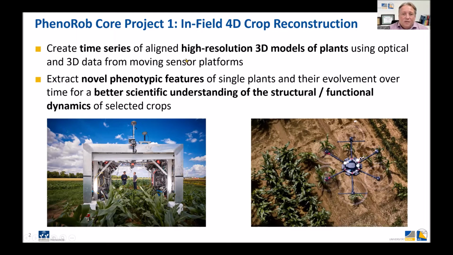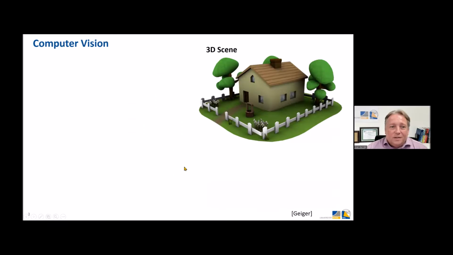That means we want to capture plants on the field with sensor platforms and then reconstruct them in 3D, and also model over time how they grow and develop, in order to discover new features that may allow us a better understanding of how they actually work and what we can do to make the plants grow individually, have higher yields or fewer diseases.